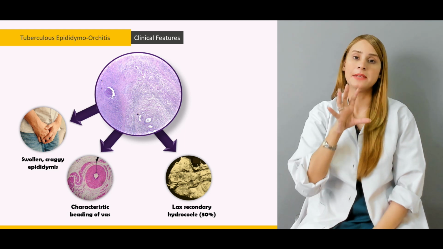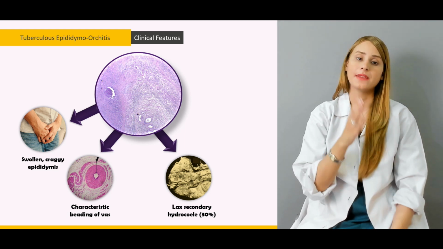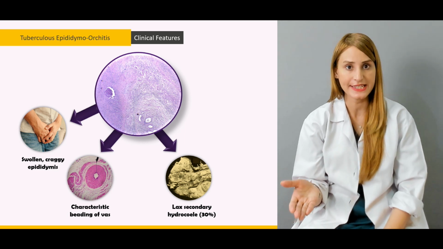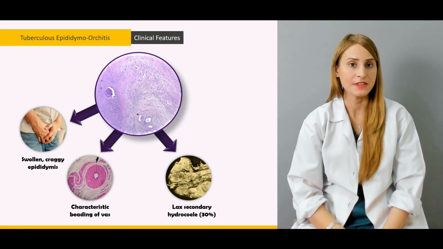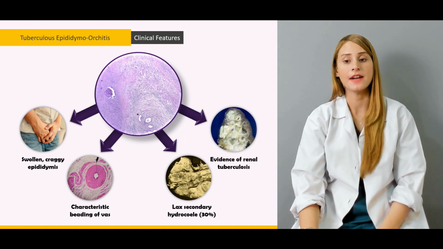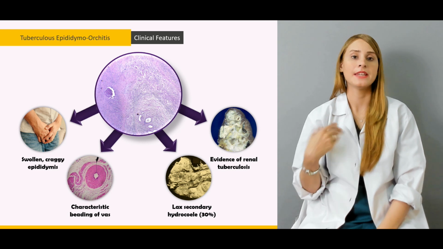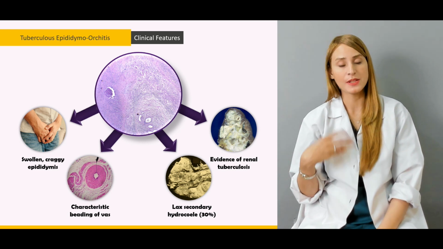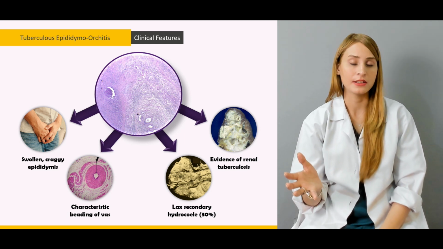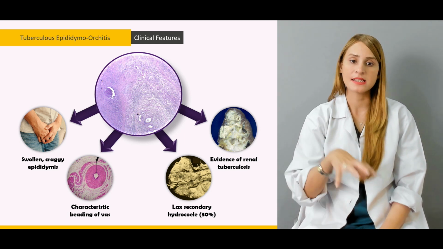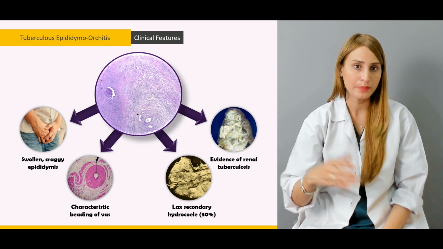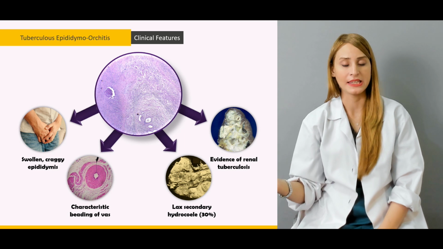And most of the time there is a secondary hydrocele in 30% of the cases presenting with tuberculous epididymo-orchitis. So this is one of the clinical features you have to keep in mind. And there would be evidence of tuberculosis somewhere else, like pulmonary TB or renal tuberculosis. Since it's the urogenital tract, most of the time the primary focus of the tuberculosis would be in the kidneys.